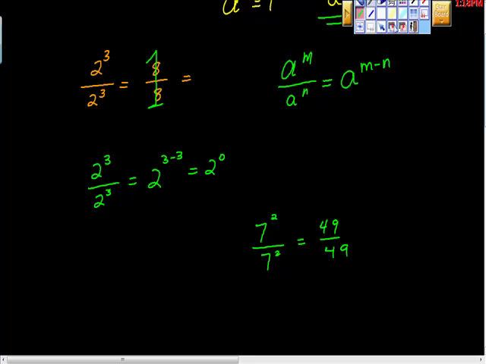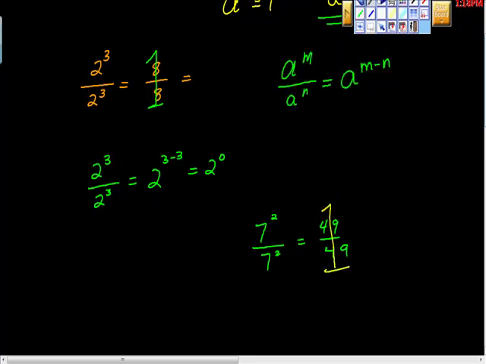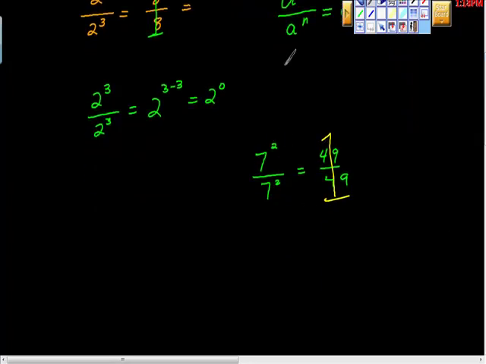And, of course, 49 over 49 is unarguably 1, isn't it? Now go back and apply the rule of exponents. Wouldn't that be the same as 7 to the 2 minus 2, which would be 7 to the 0? But we know arithmetically that the answer was 1. So 7 to the 0 must be equal to 1.